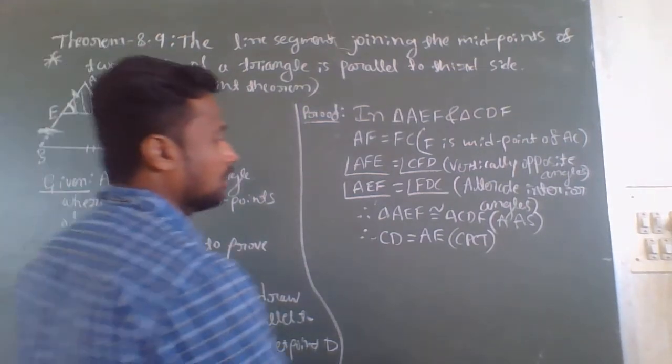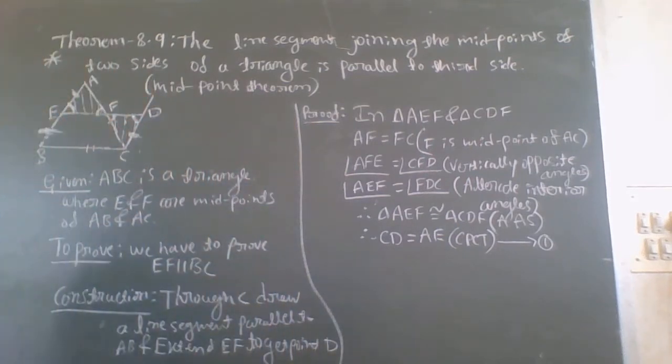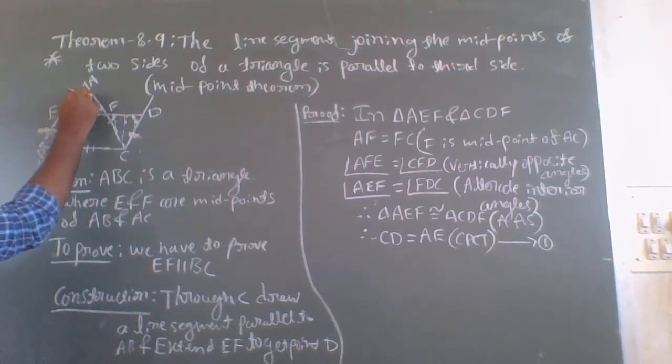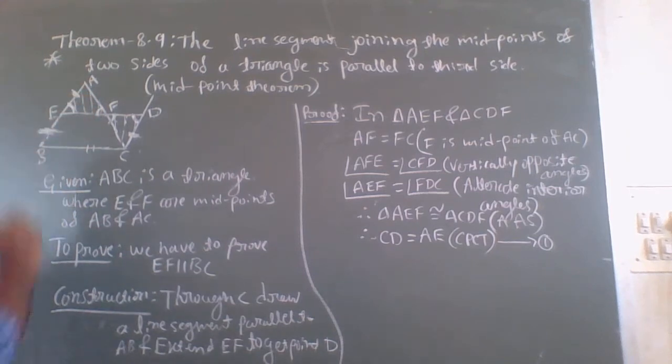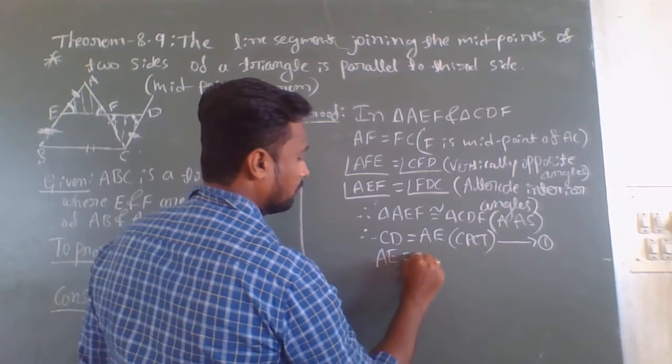So here, I will consider this as 1. So now we got to know this CD is equal to AE. Again, we know that this AE is equal to BE. Why is AE equal to BE?